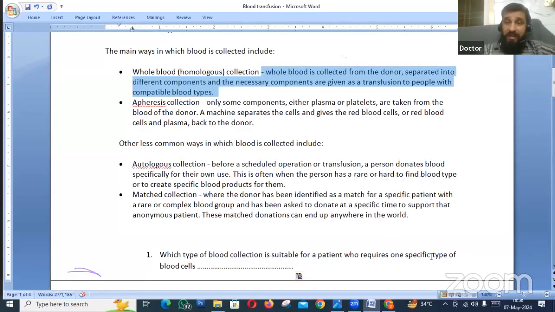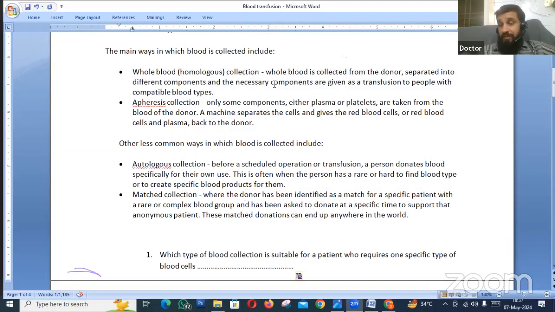They mention type of cells. Which type of cell? Plasma is not a type of cell. Platelets is a type of cell. You can say white cells and platelets. What else? You have red blood cells in our blood when we donate. When we receive or donate, in terms of types of cells, you can give the patient platelets.